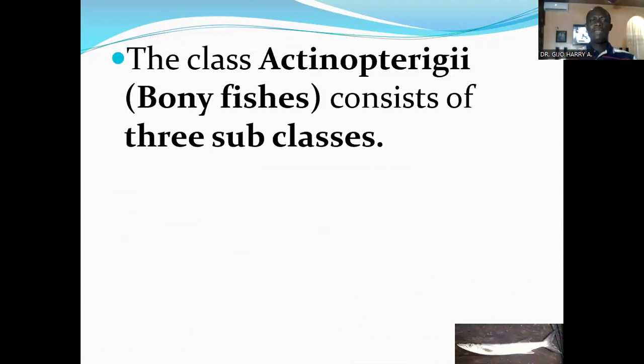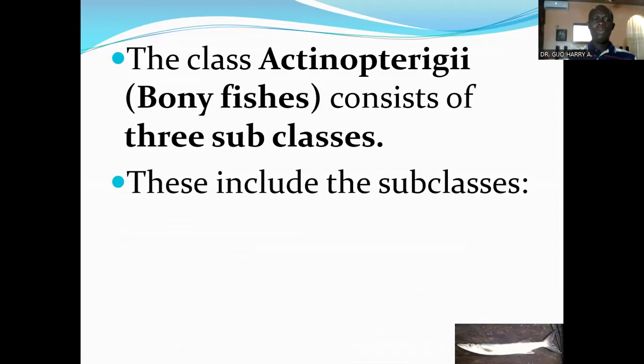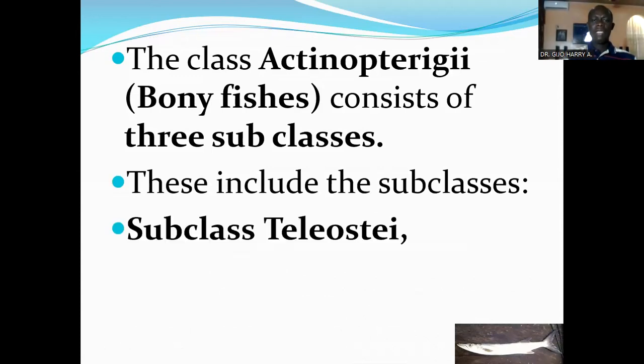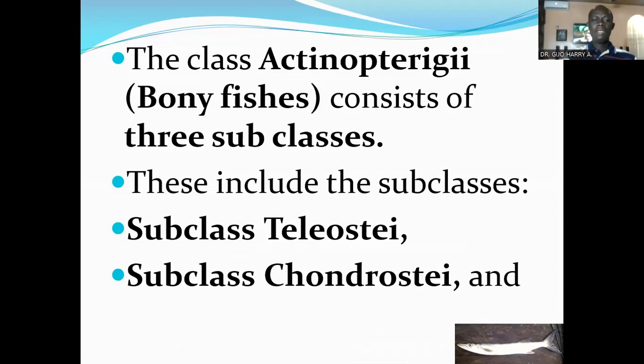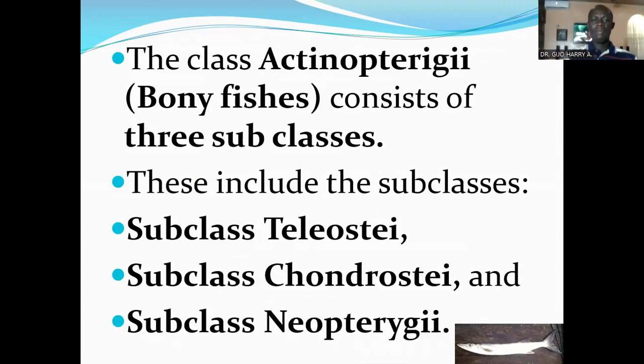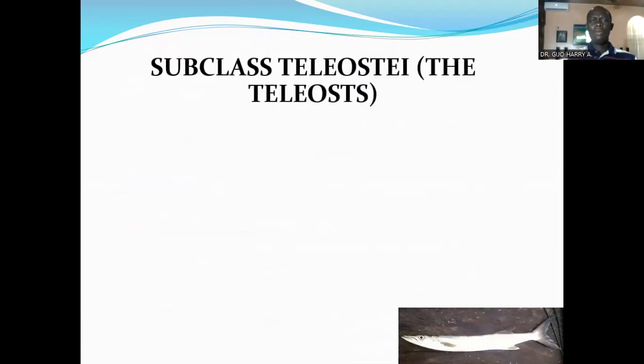The class Actinopterygii, that's the bony fishes, consists of three subclasses. And the three subclasses include the subclass Teleostei, the subclass Chondrostei, and the subclass Neopterygii. Want to discuss the subclass Teleostei, which are also called teleosts.